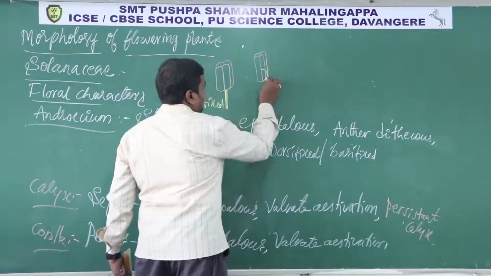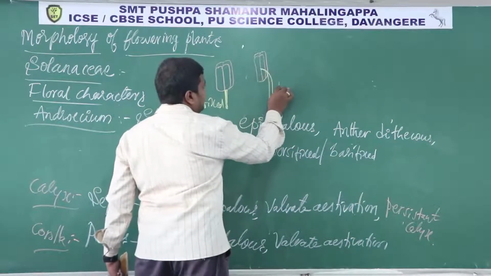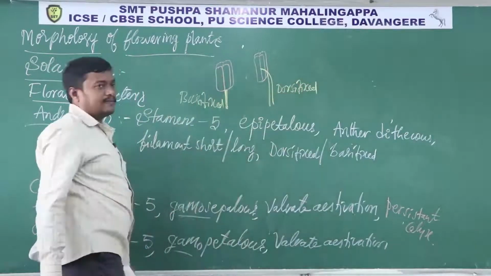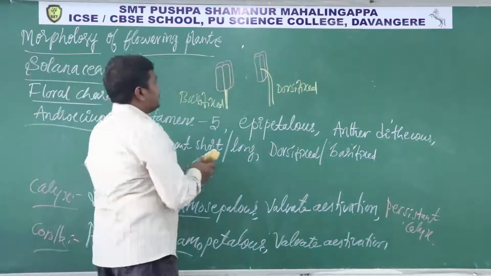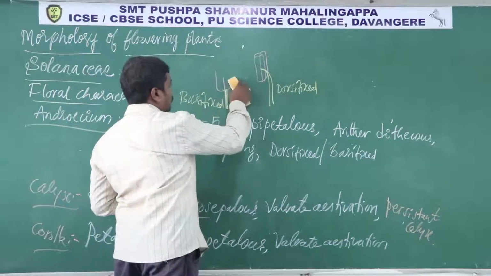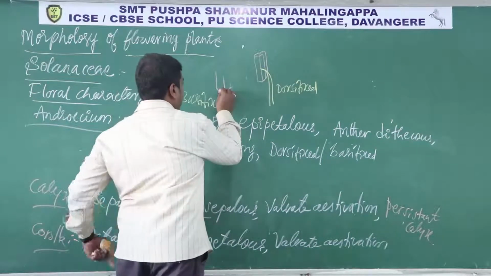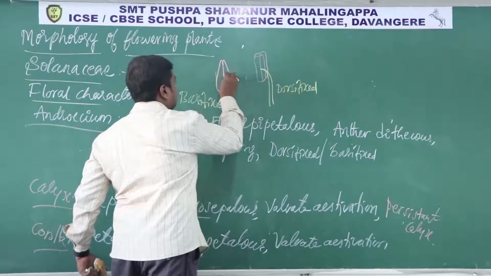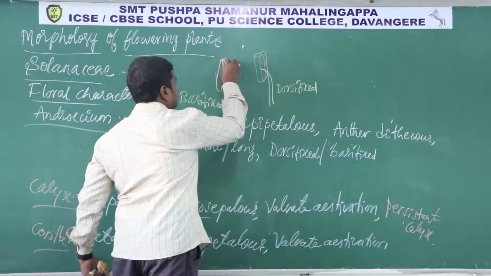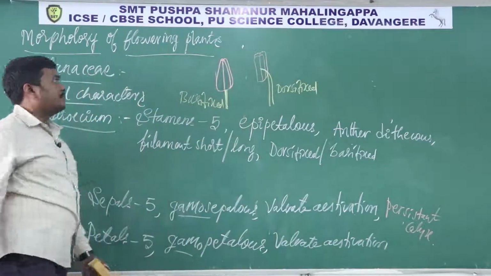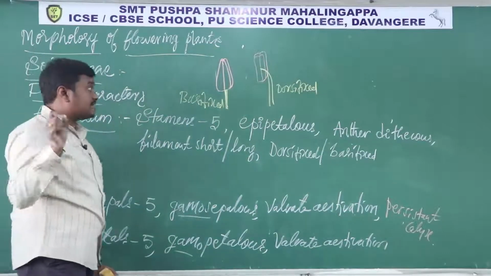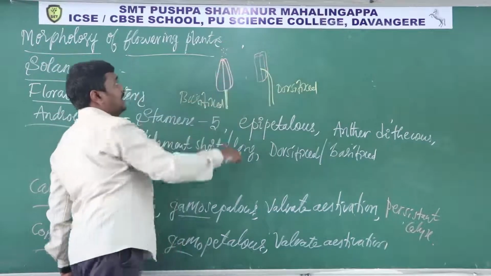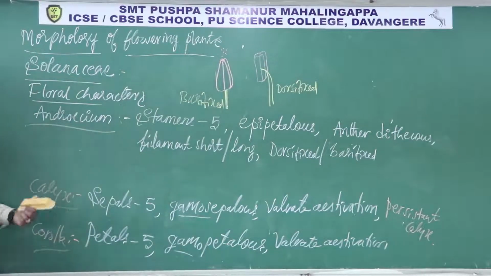And if it is attached like this, it is dorsifixed. The basifixed anthers have a very specific shape, like this. In a basifixed anther, pollen grains are released from the tip. So that is a unique character as well.